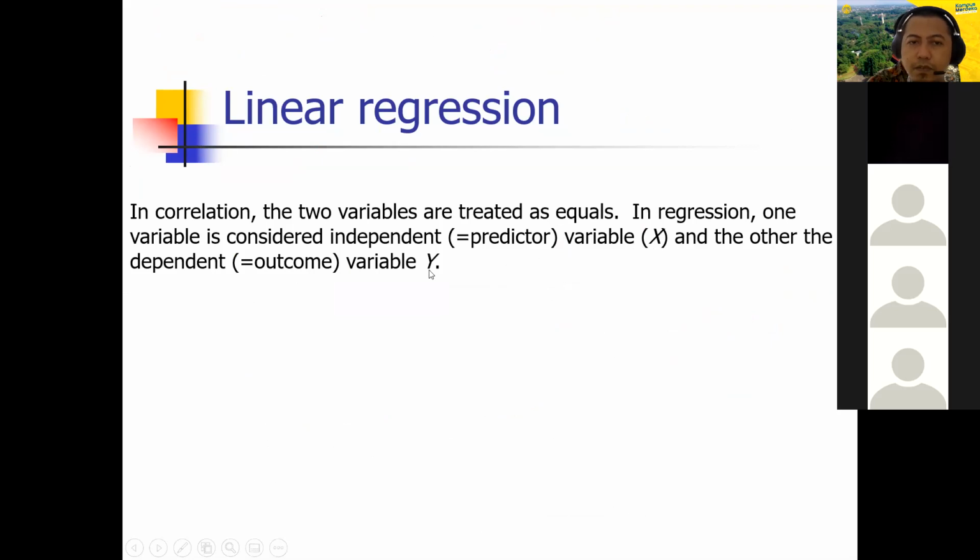In linear regression, one variable is the independent variable, in this case x as an input, and the other variable, y, is the dependent variable. Why dependent? Because y depends on the input x.